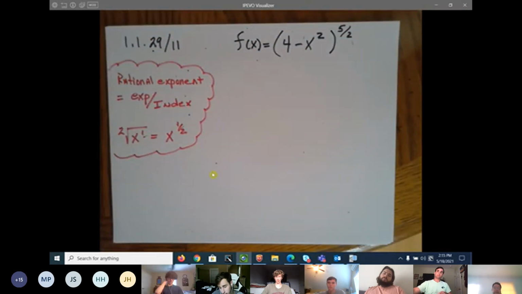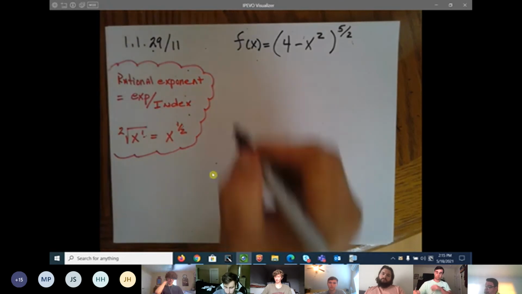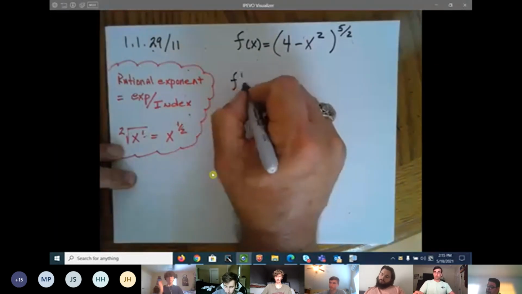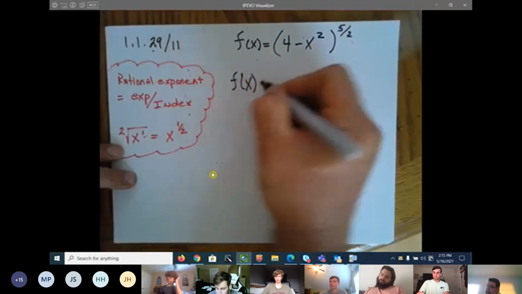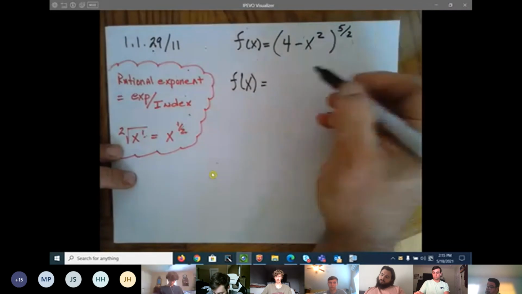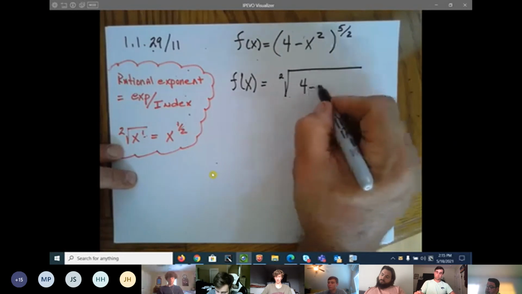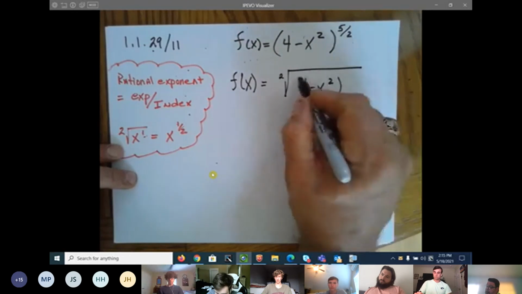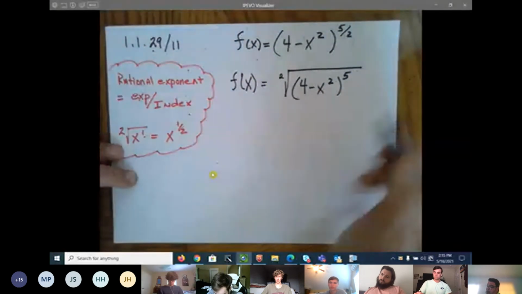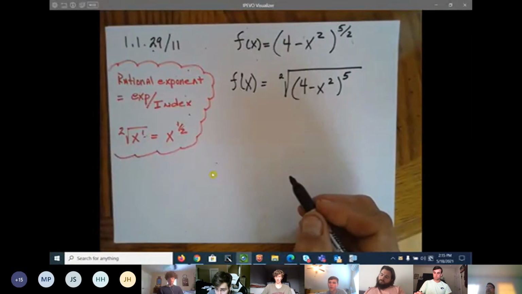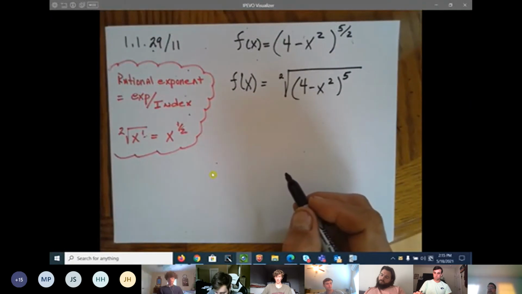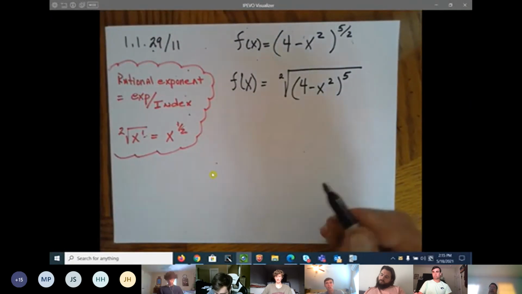I'm going to rewrite it, and I'm going to call it f of x is equal to the square root of 4 minus x squared to the 5th power. Exponent over index. Now, what am I doing here?